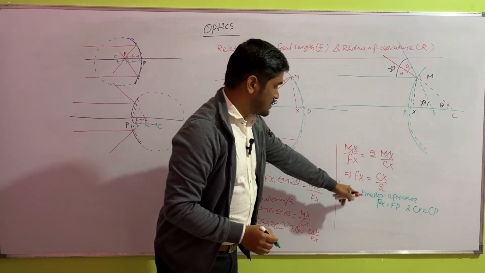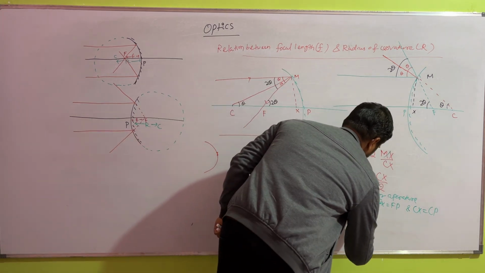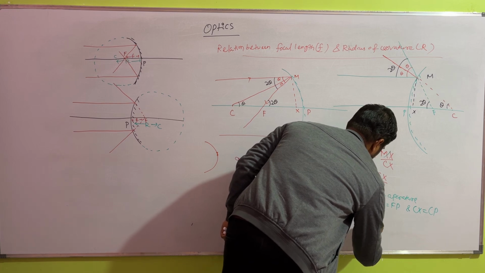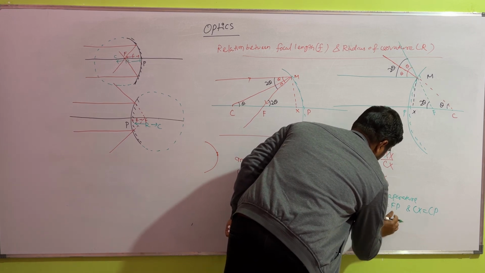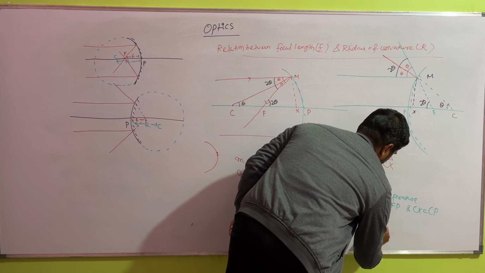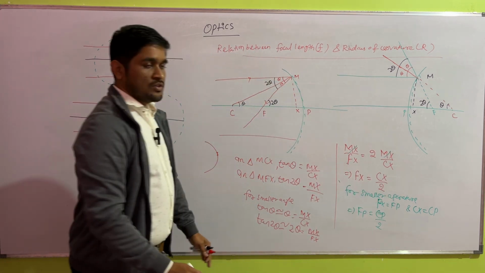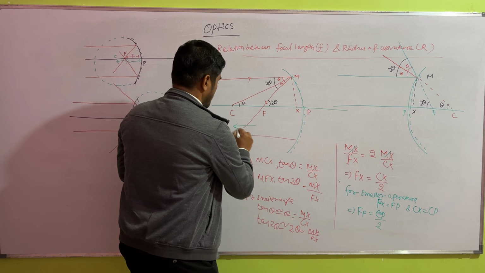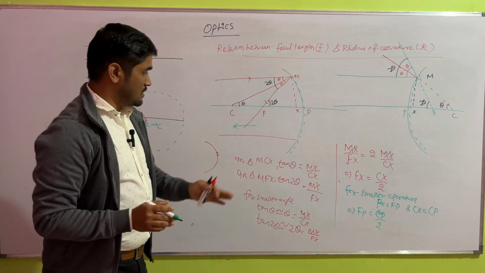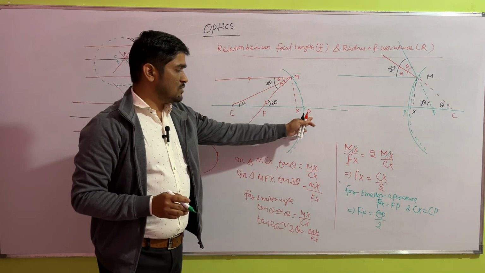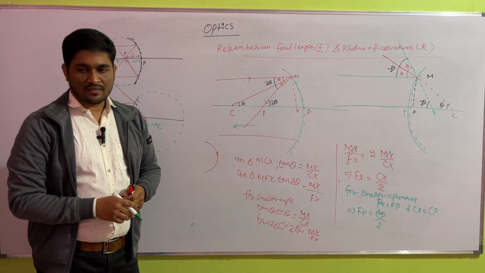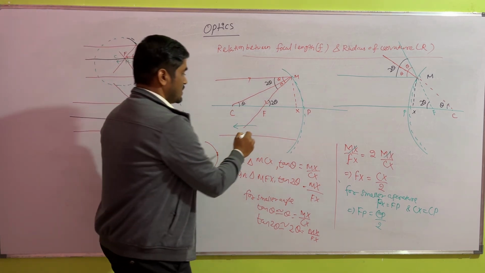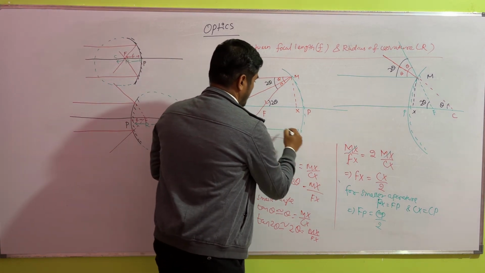So in place of FX we write FP, that implies FP is CP divided by 2. So what is CP? The distance CP is the distance between the center of curvature and the pole. That distance is known as the radius of curvature.